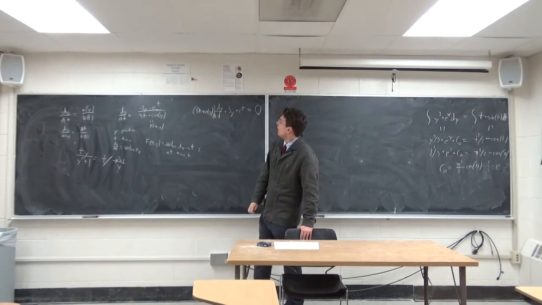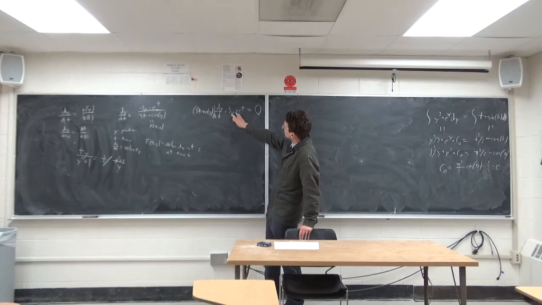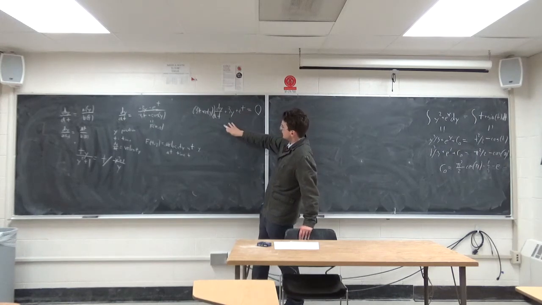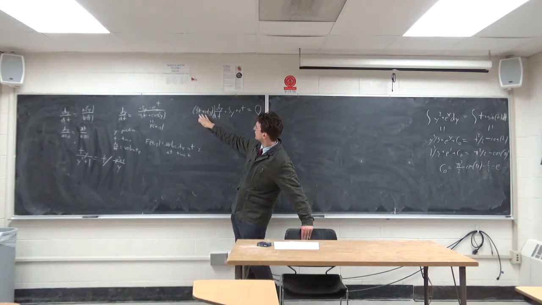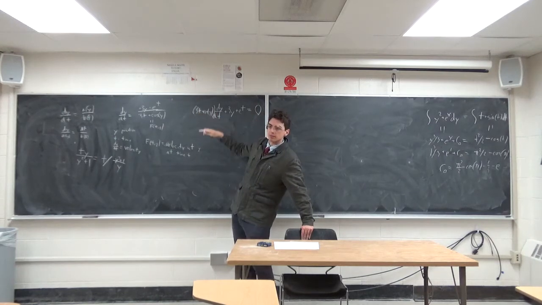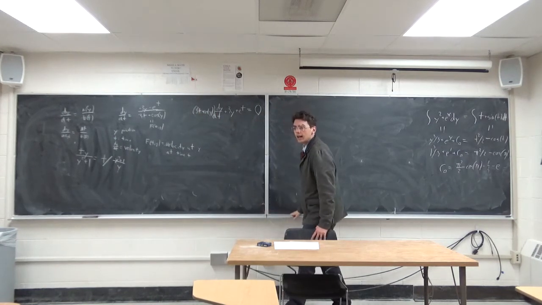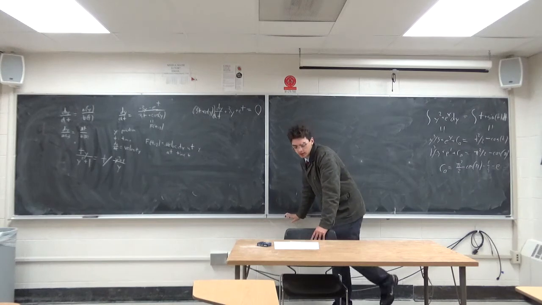But here, there's a y here, but there's also the e of t. Over here, there's the t, but there's also some y stuff mixed in. So I don't think that's going to fly.